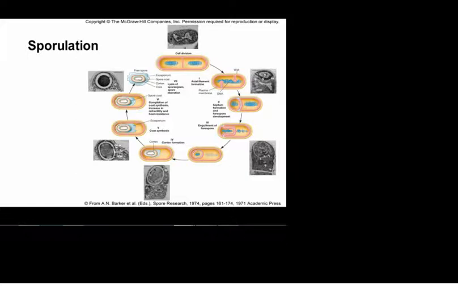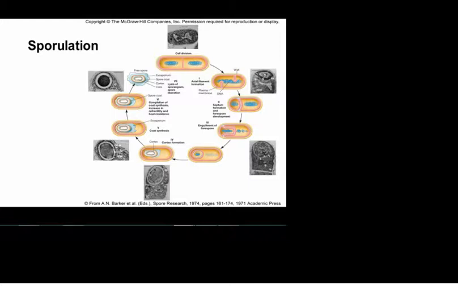So what happens? Somehow the bacterium detects that the conditions are not good for continued growth: lack of nutrients, presence of oxygen, something like that. The first thing that happens is the next division is going to be asymmetric. Instead of producing two identical daughter cells, one will be larger, one will be smaller.